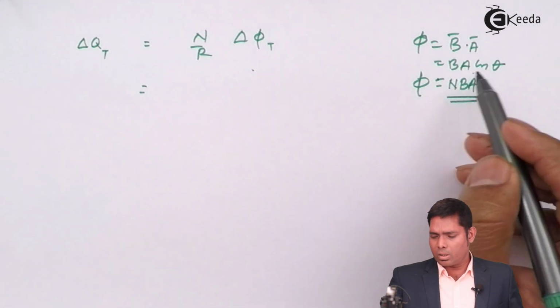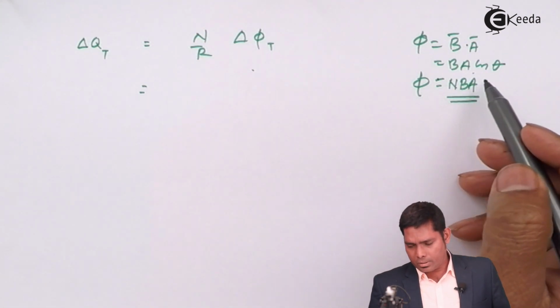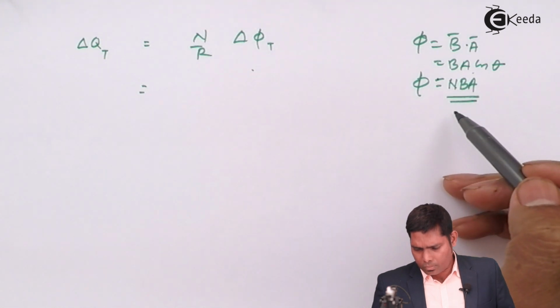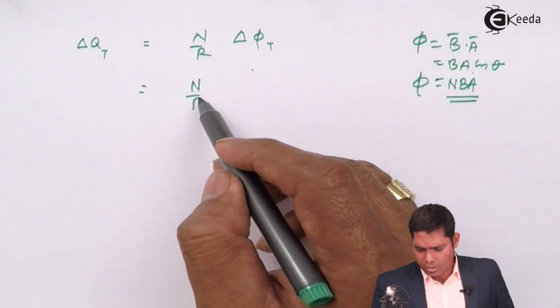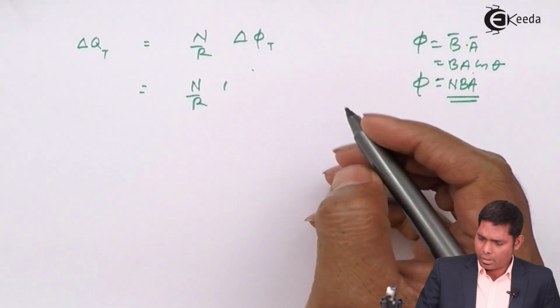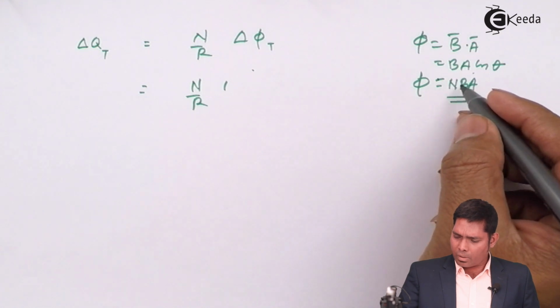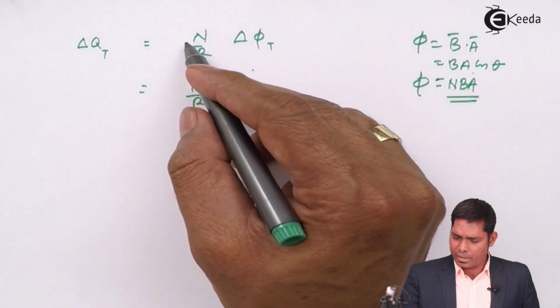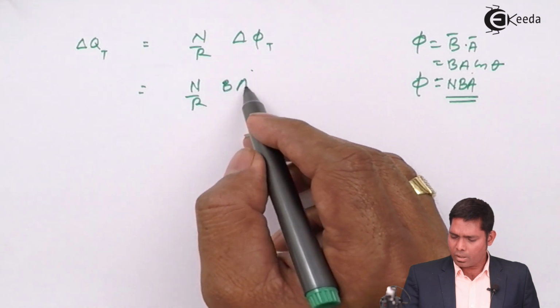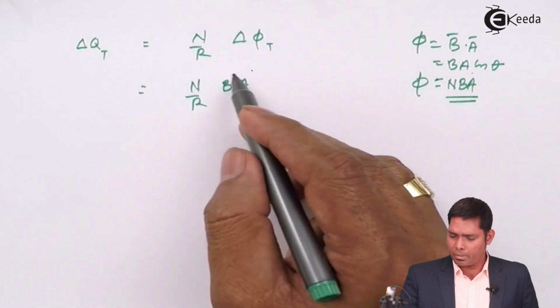This is the total flux. So I'll write N over R, and this is for N number of turns, for a single coil, because I have already taken N number of turns, so for flux I will write only BA, since I have already multiplied N here.